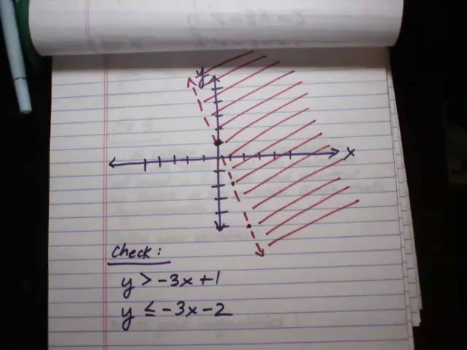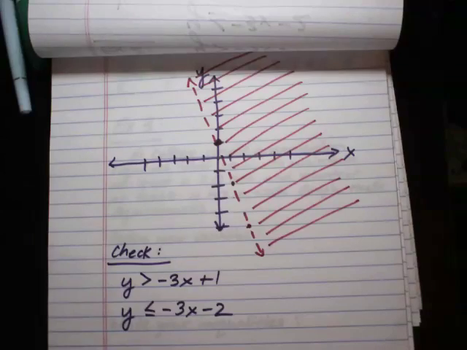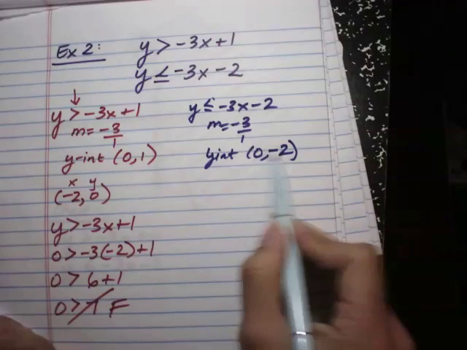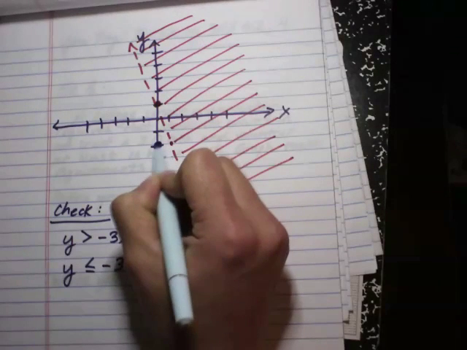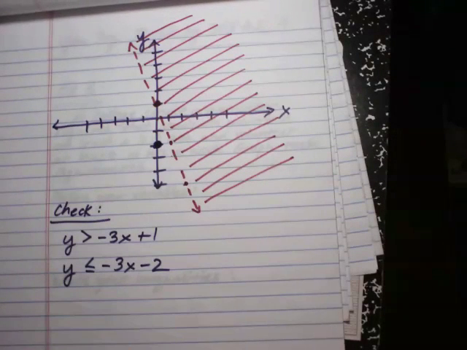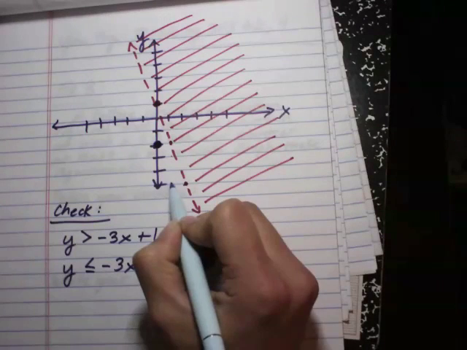Now let's take a look at our second inequality. Here we have a y-intercept of negative 2. Let's go to negative 2, and our slope is also negative 3, so we're going to go down 3 over 1.